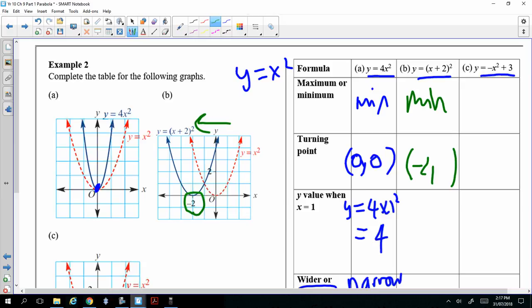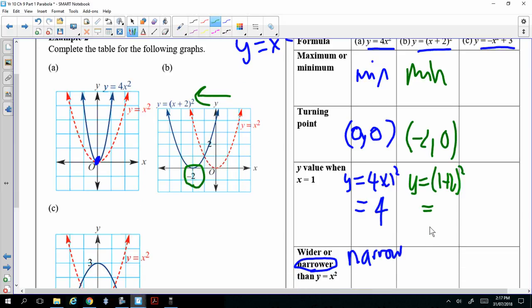Then we're going to find the y value when x is 1. Let's substitute: y equal to (1 plus 2) squared. What would that be? Cameron, what would that be? You won't get 4. Now remember, BODMAS, you work out what's inside the bracket before you square. What would that be?